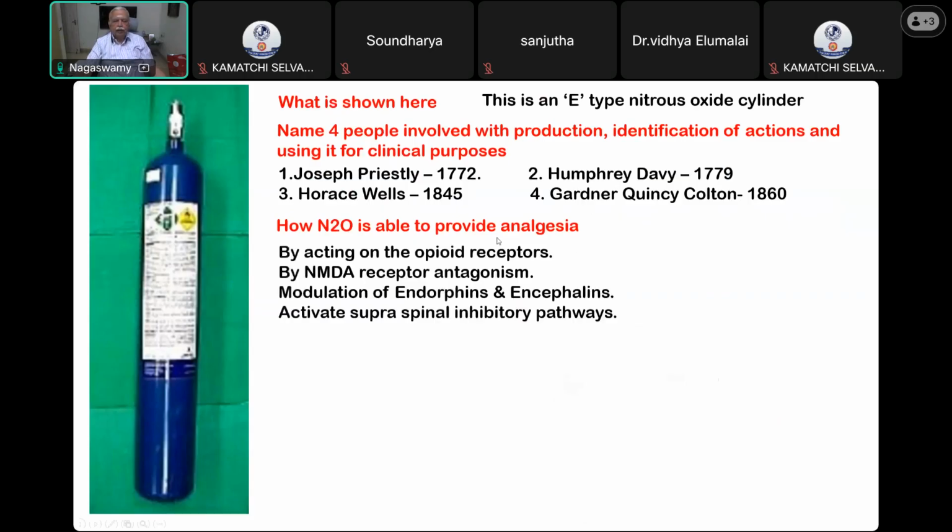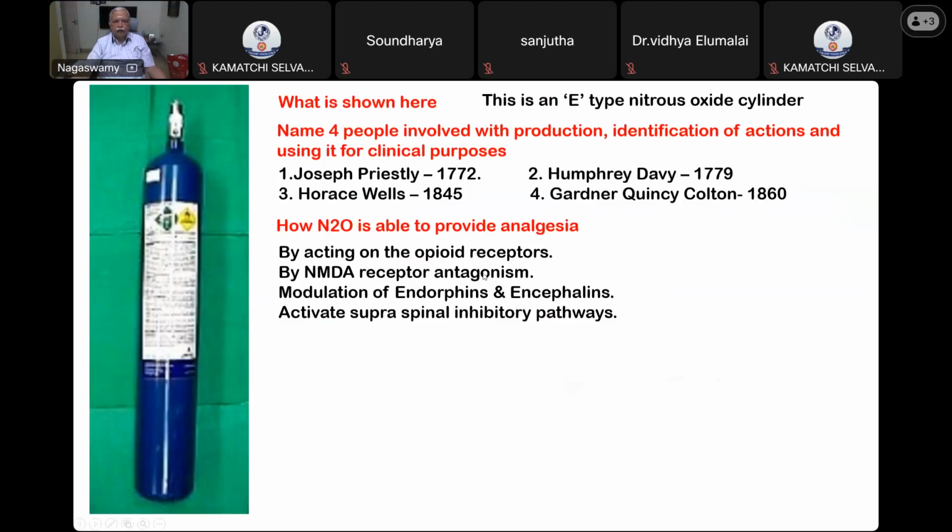By acting on opioid receptors, NMDA receptor antagonism, modulation of endorphins and enkephalins, and also activating supraspinal inhibitory pathways. So there are 4 mechanisms: activating the opioid receptors, NMDA antagonism, just like your ketamine, and modulation of endorphins and enkephalins.